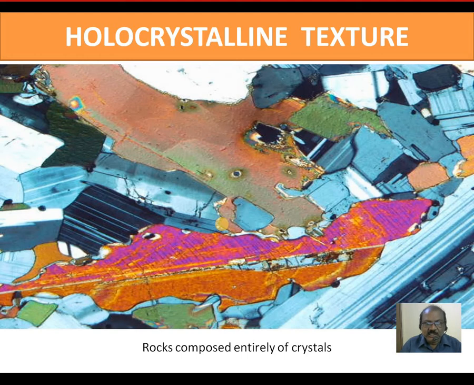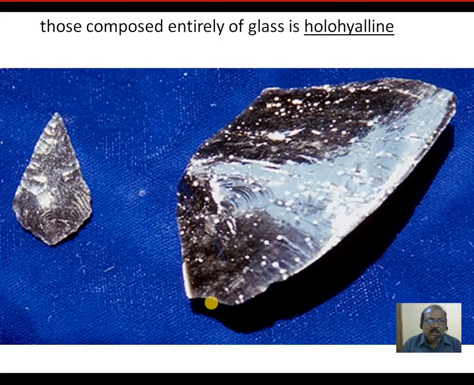Holocrystalline texture, where different minerals are exhibited. All are minerals. There is no glassy matter here. We can see different types of minerals here. This is holohyaline texture, where the rock is entirely composed of glass.